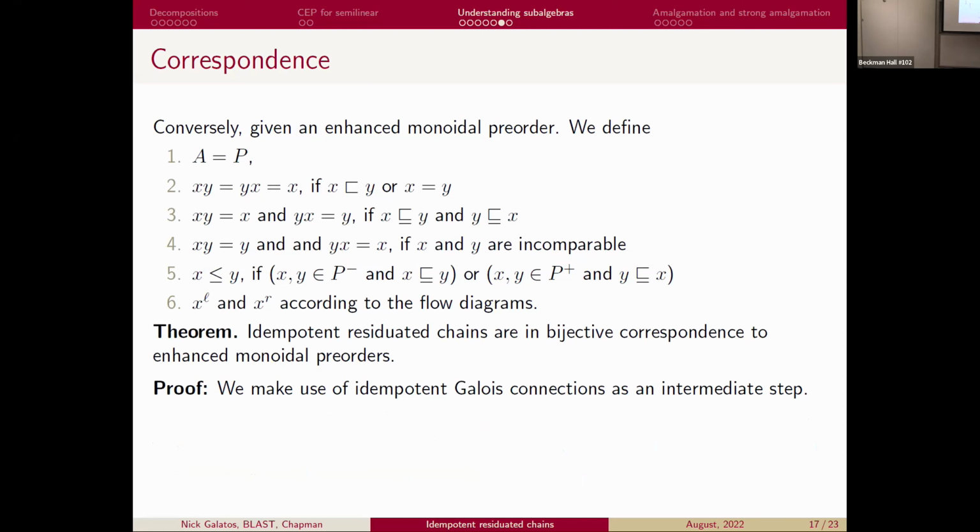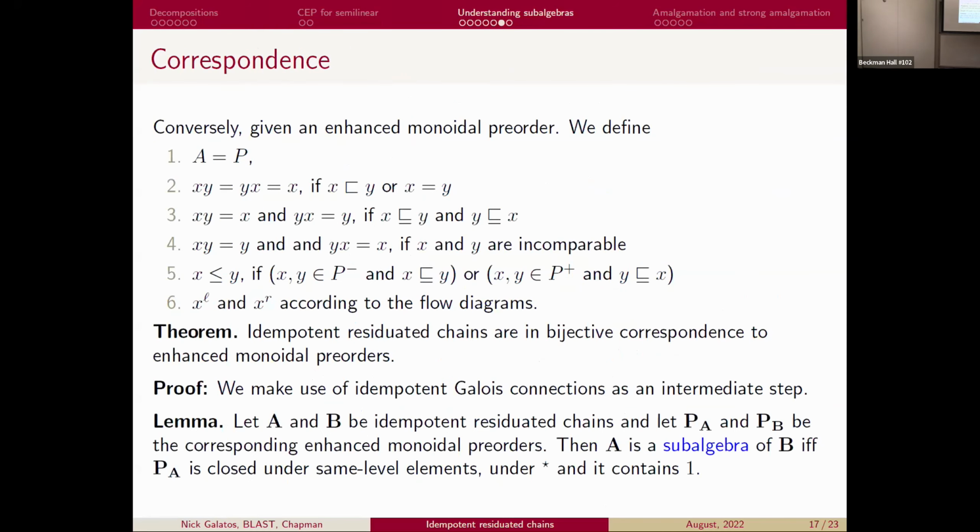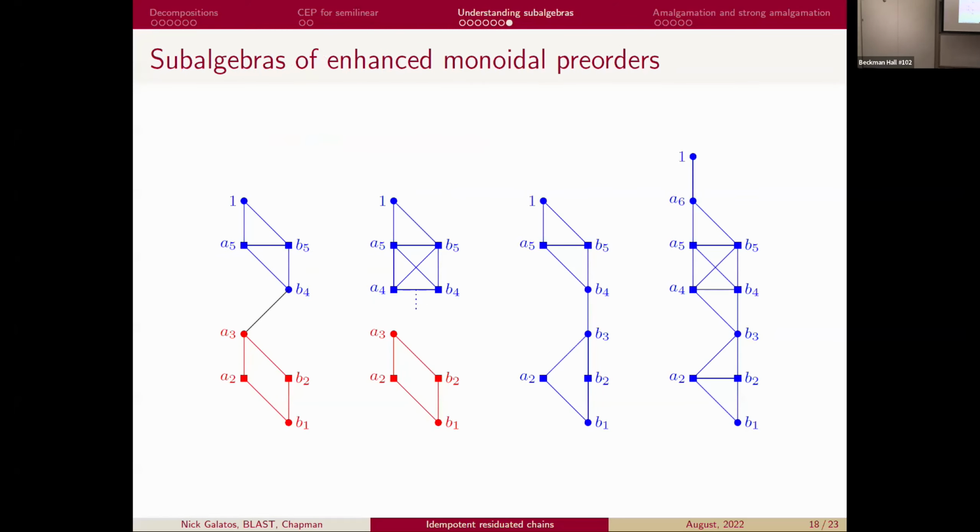Star is this operation that I mentioned, that it picks up the smallest element above or biggest element below, and it matches with the definition of being always in the lattice order, the smaller of the two inverses. So I have a clear description now when I have subalgebras, and I can do amalgamation.